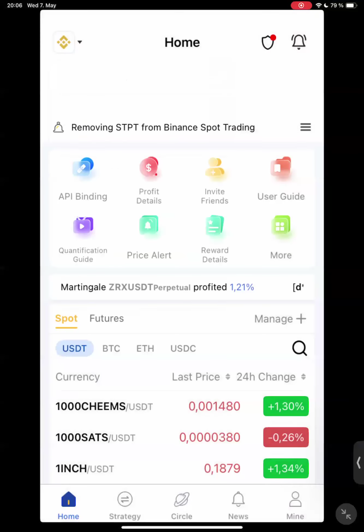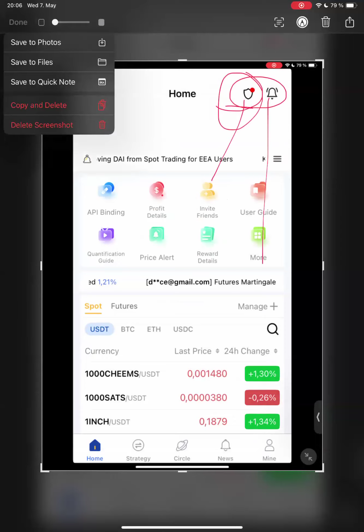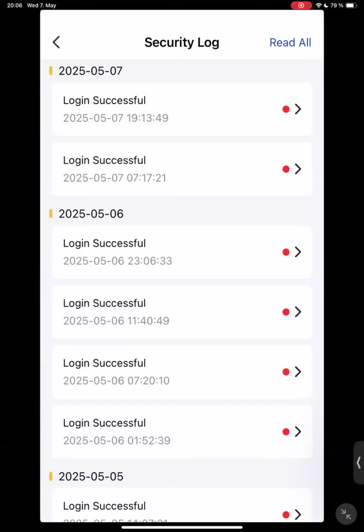Now, there are some important buttons here. These two buttons: this is the security button and this is the notification bell. Let us look at the first one, the security button. When you tap on this, you'll be able to see how many times you have logged into your RoyalQ.